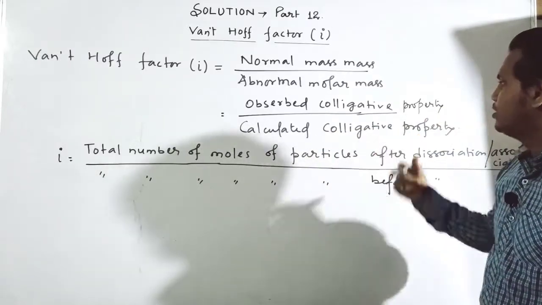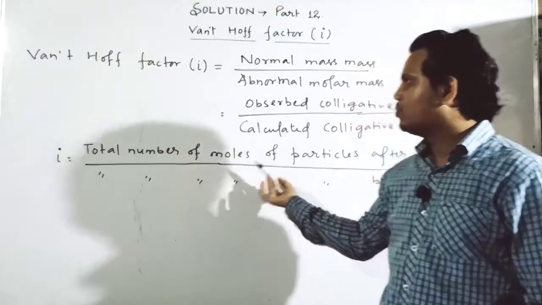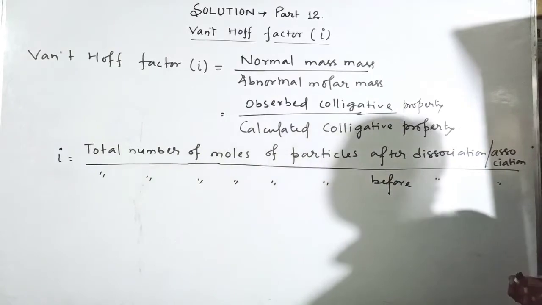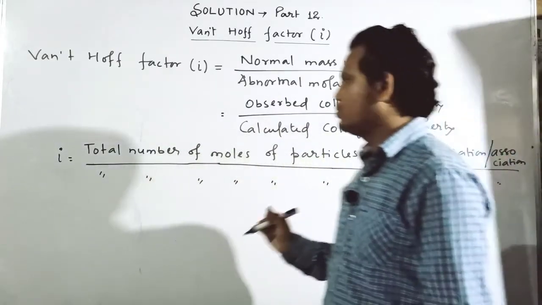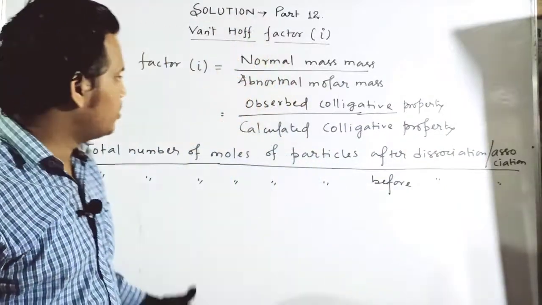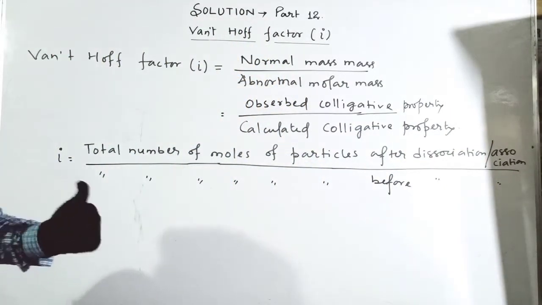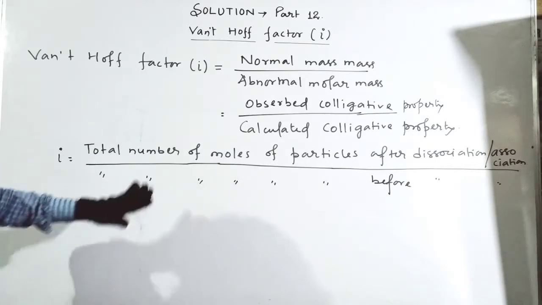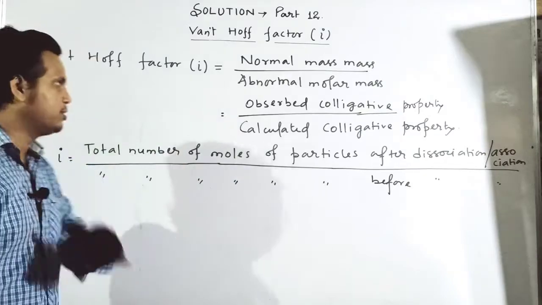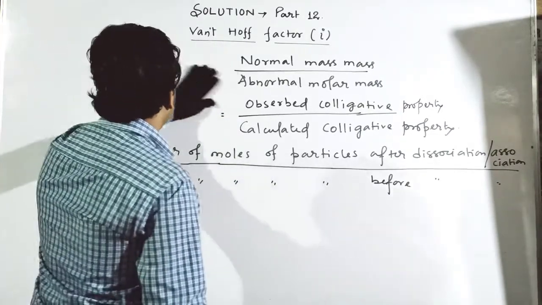And i is also equal to total number of moles of particles after dissociation or association divided by total number of moles of particles before dissociation or association. Now let us calculate i for some particles.